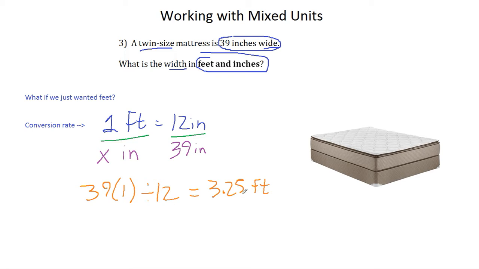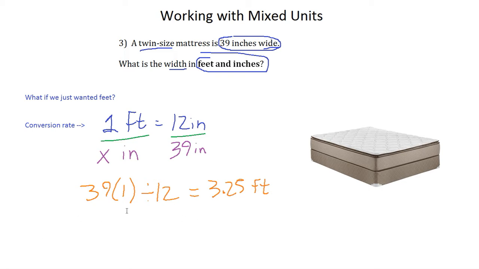But be careful here. If you're looking ahead to number 5, we've got a true-false statement about 5.3 feet. Is that the same as 5.3 inches? A lot of students are going to be tempted to take that 0.25 and say, oh, that's going to be your inches. But it's not. Remember place value. Let me write this down here.